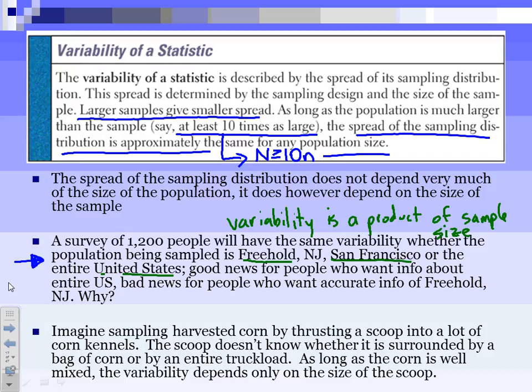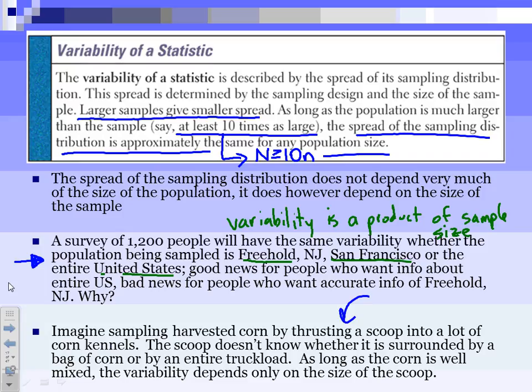And in this example down here, say you had a big barrel, and you were to take a big scoop of corn out of it, there's going to be some that are a little bit smaller, some that are a little bit yellower, but it doesn't matter how big that barrel is, as long as you're taking your sample in a random fashion, and therefore your sample is representative of the population.